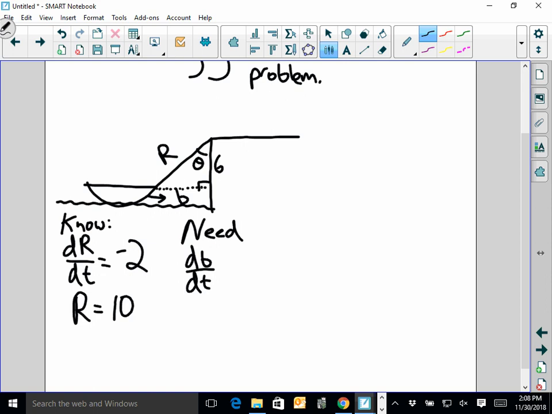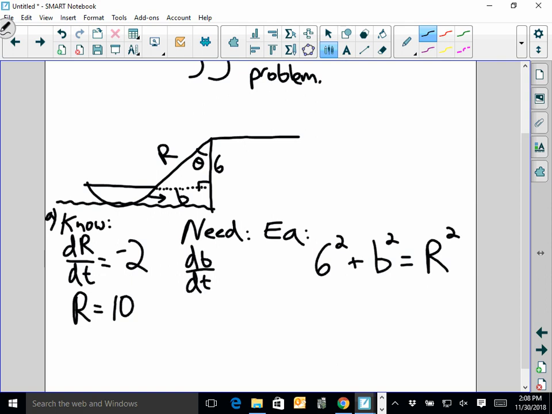Well, that's obviously the Pythagorean theorem. Again, this is just for part A here. The equation then would be 6 squared plus B squared equals capital R squared.